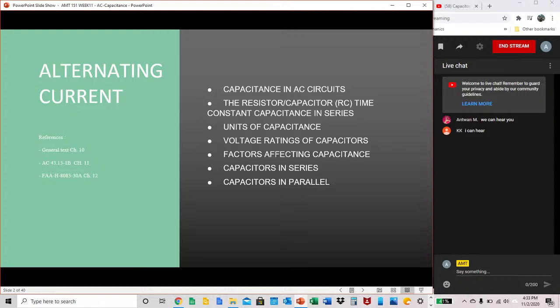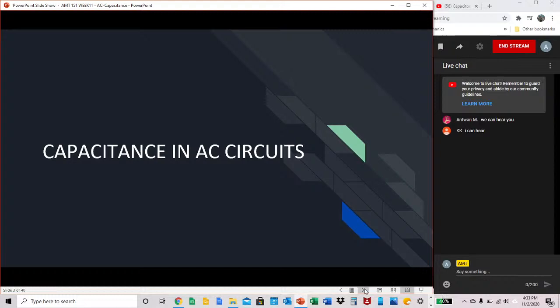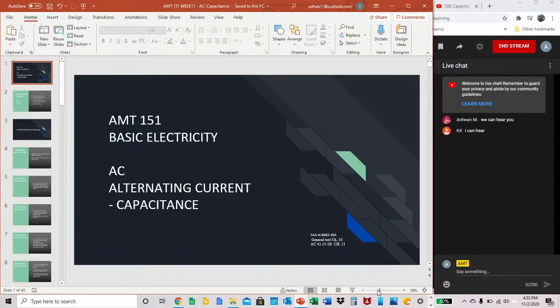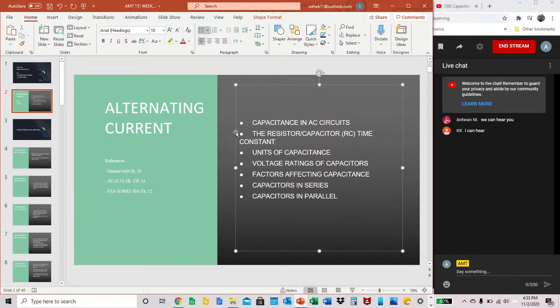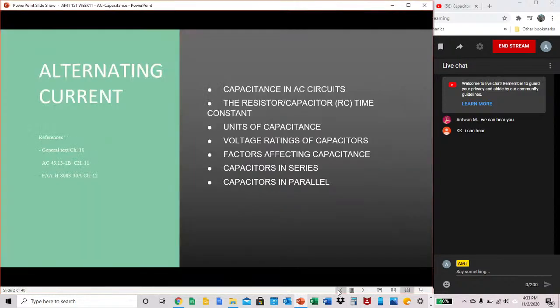and units of capacitance. We're going to talk about voltage ratings of capacitors and factors affecting capacitance, and then capacitors in series and capacitors in parallel.